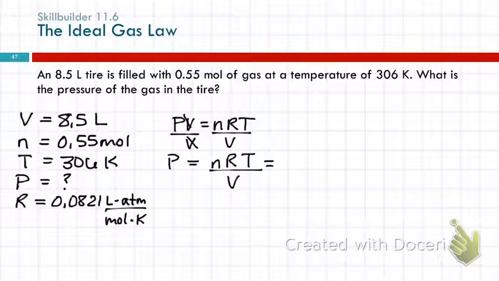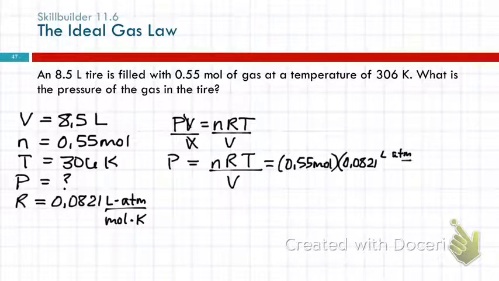So this is equal to 0.55 moles times R, 0.0821 liters times atmospheres divided by moles times Kelvin. And yeah, it's tedious to write that out, but it's tedious to repeat the class also.